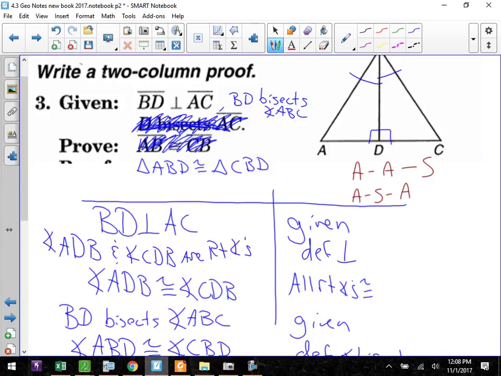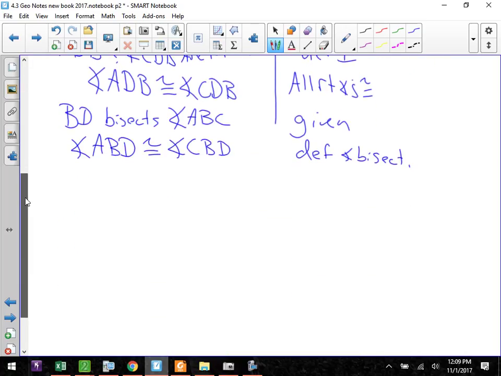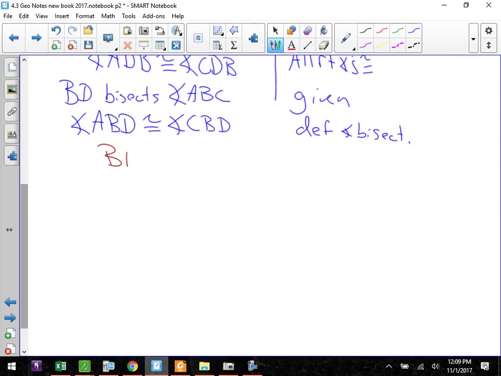Which one are you going to be able to find? Side in between. Yeah, the side in between, and what do we call that? Reflexive. Side in between. So you have BD, reflexive property.